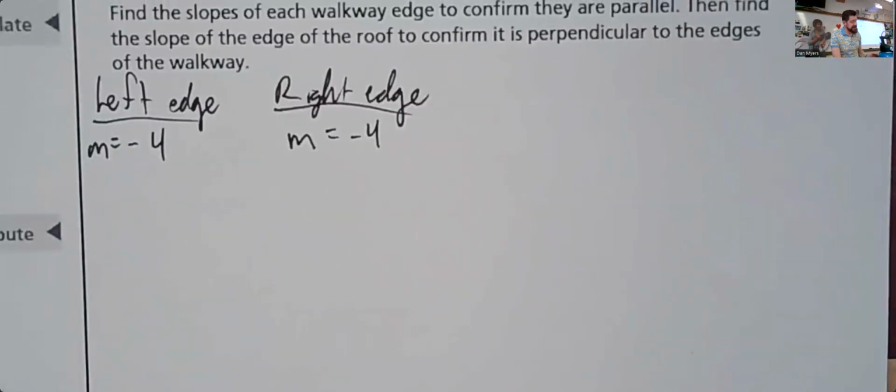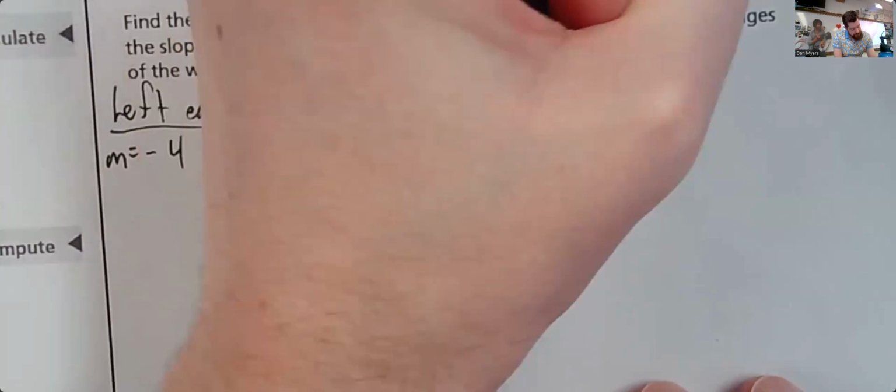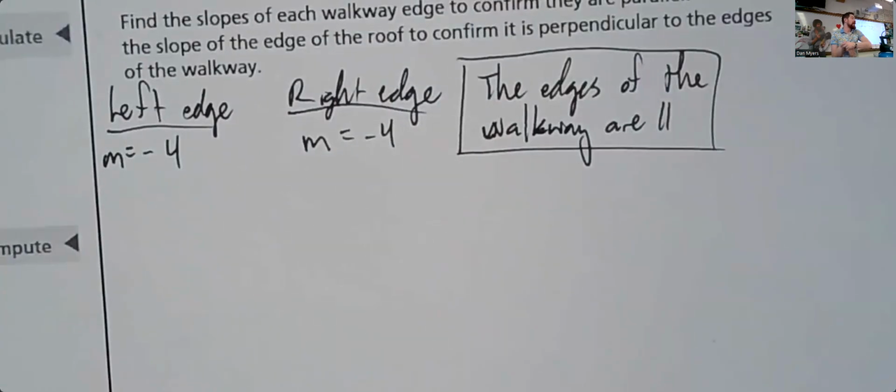So we can say that, let's write this down, the edges of the walkway are parallel. That's good. That should be true of a walkway. Now, that's not actually the question being asked in this problem, but that is something that needs to be true of a walkway. So the thing we're actually trying to figure out is she wants to make sure that the edges of the walkway are perpendicular to the roof of the house, or to the back of the house.